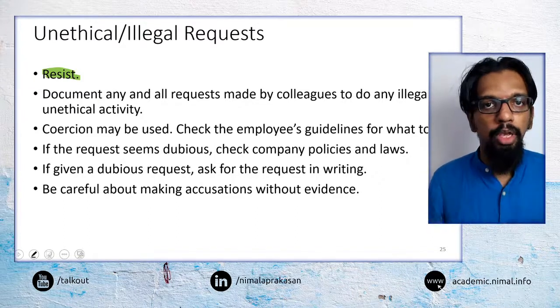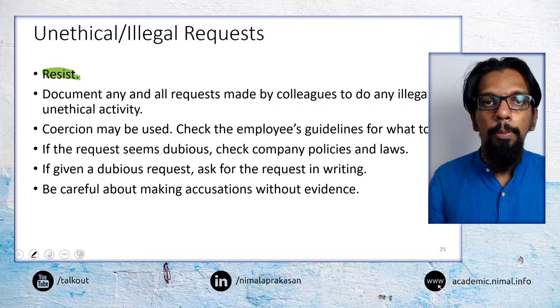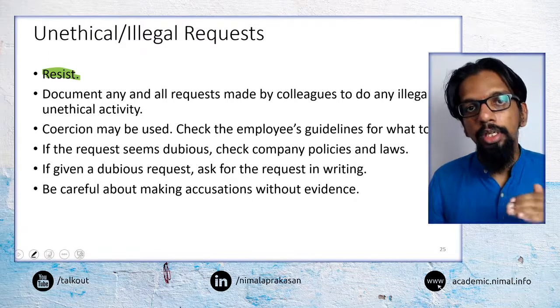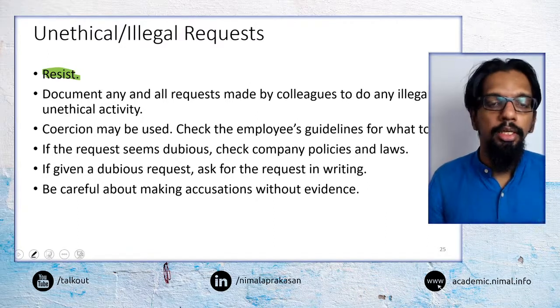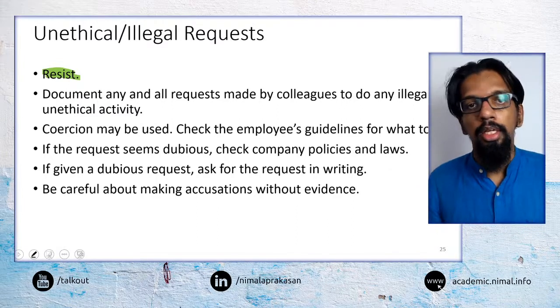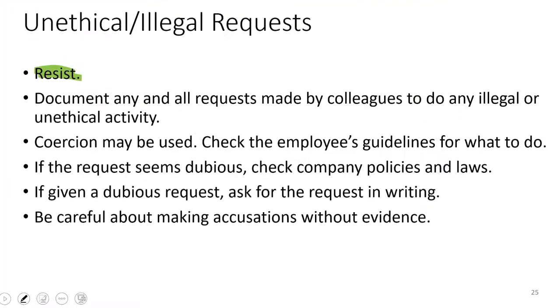But you need to have proper evidence when you are taking action, particularly when you have this level of privileged access to systems. So there may be certain requests that you will have to consider under these issues as well, whether it is an ethical issue or an illegal issue. You have to think about those as well.